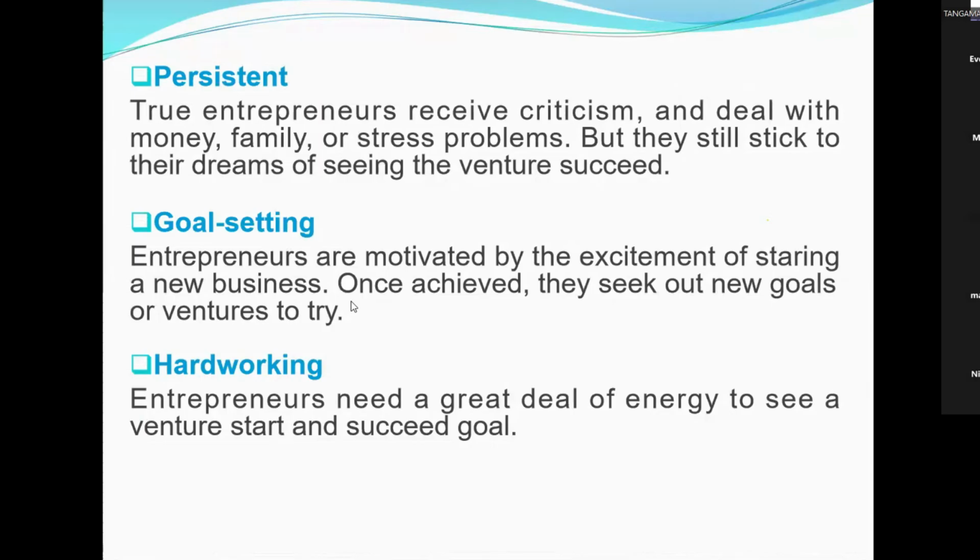For goal setting, they are motivated by the excitement of steering a new business. Once achieved, they seek out new goals or ventures to try. In hardworking, they need a great deal of energy to see a venture start and succeed.